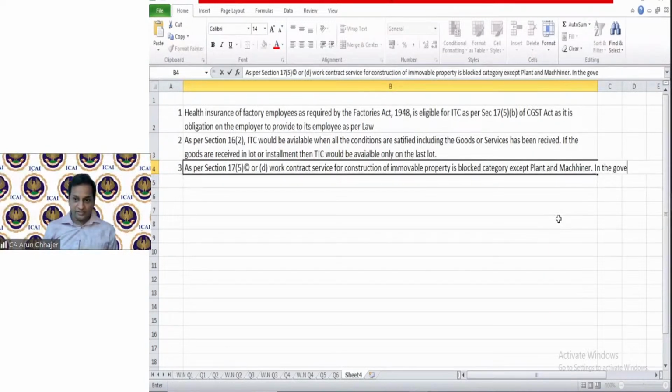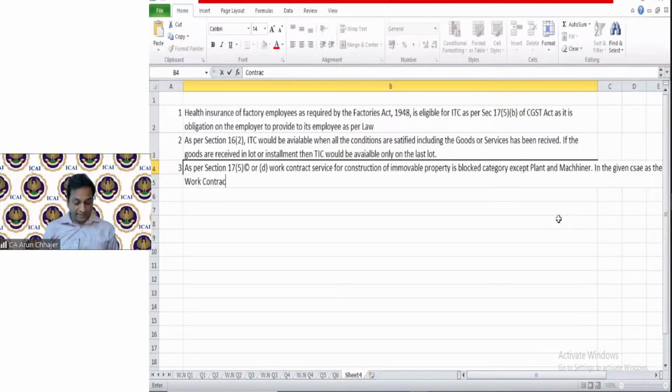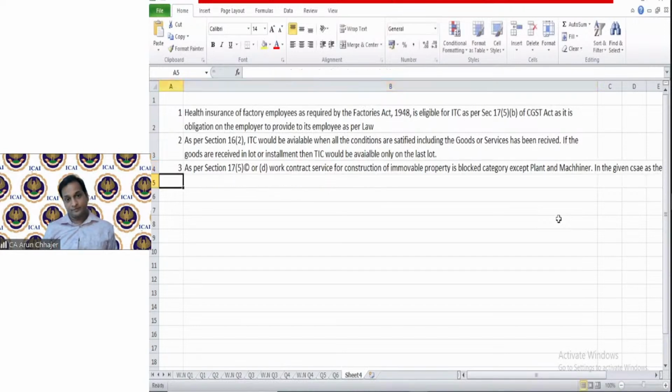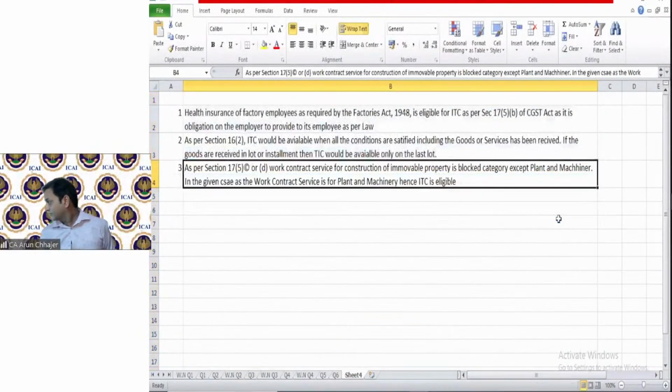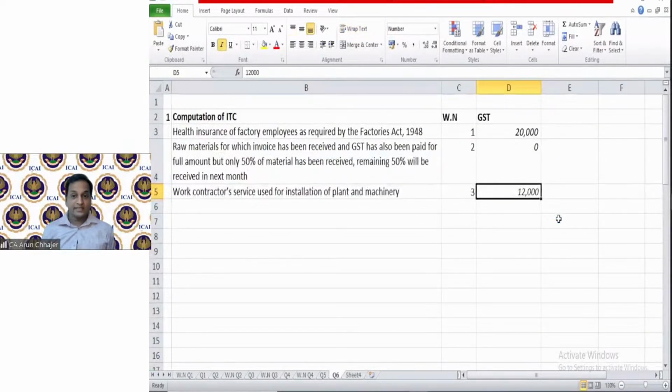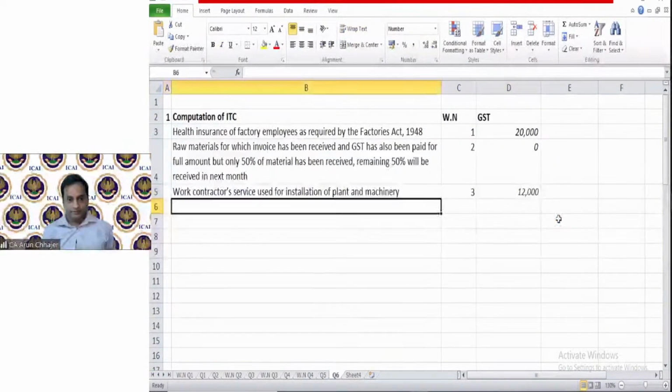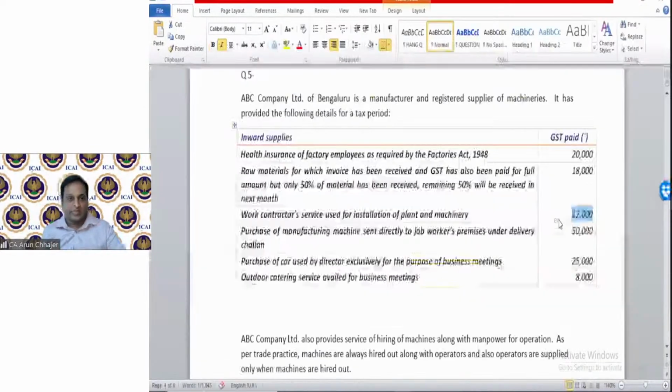In the given case, as the work contract service is for plant and machinery, hence ITC is eligible. So what we can say, ITC would be available. Now, what is the next line item?